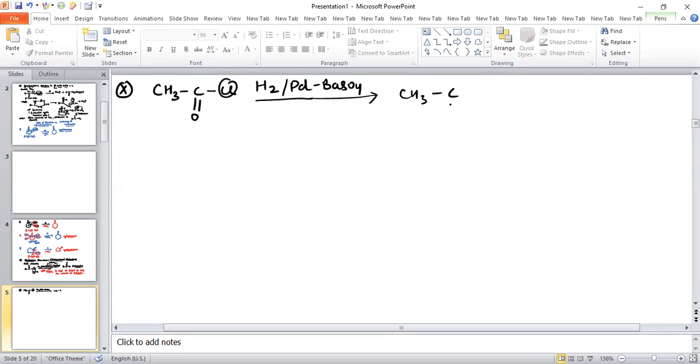So the product obtained is CH3, C double bond O, H. What is the name of this product? The name of this product is ethanal, you can say. Also the common name of this compound is acetaldehyde. So you can say this compound is ethanal. Also, you can say this compound is acetaldehyde.